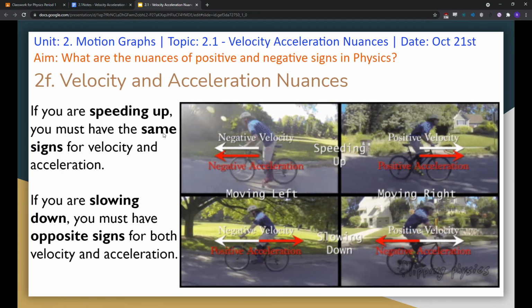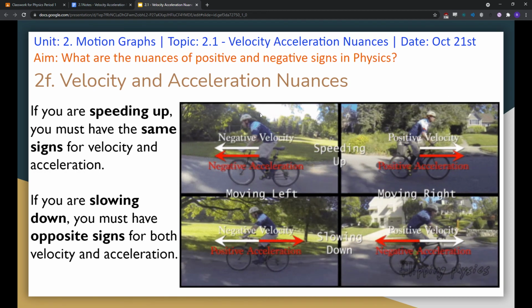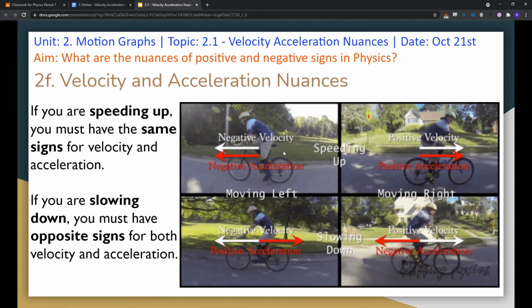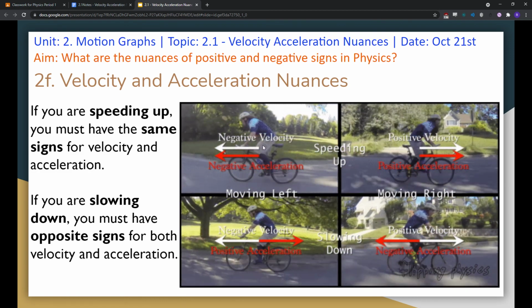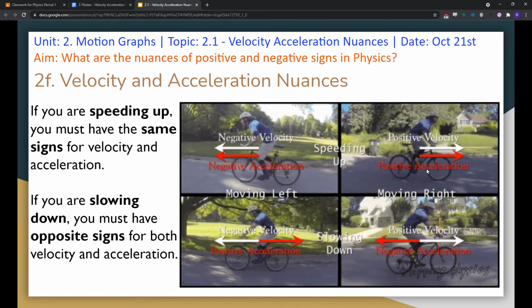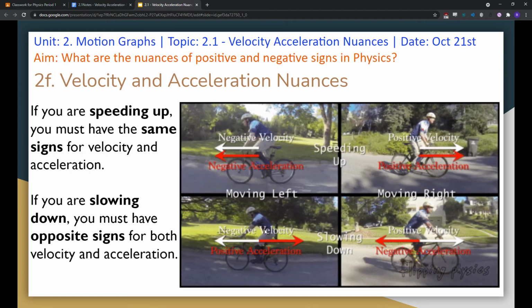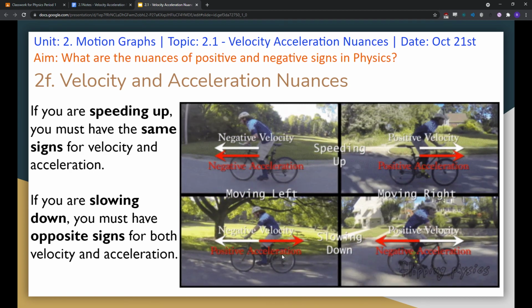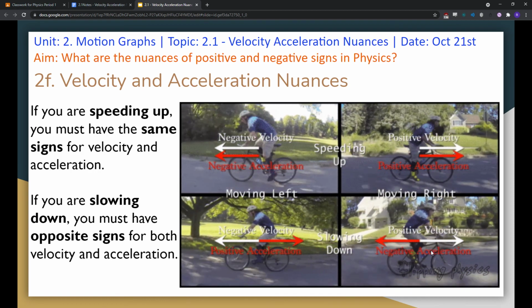If you're slowing down, you must have opposite signs for both velocity and acceleration. So if you look at this GIF right here, if you're speeding up, you have negative velocity and negative acceleration, or you have a positive velocity and a positive acceleration. If you're slowing down, you have a negative velocity and a positive acceleration, or vice versa, positive velocity, negative acceleration.